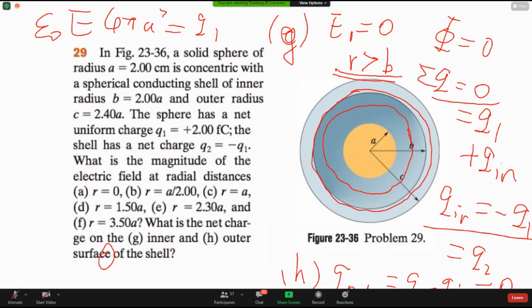So the electrical field is different. The general equation here has R squared. Sorry, I should not use A squared, I should use R squared. One R is A, another is 1.5A. If there is a difference in R, then there must be a difference in the electrical field.